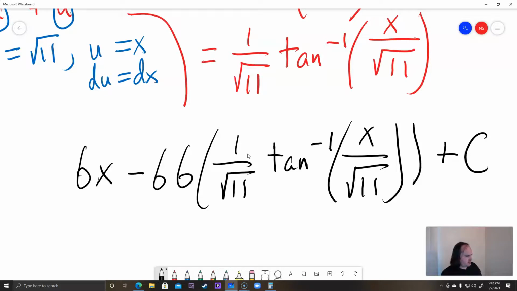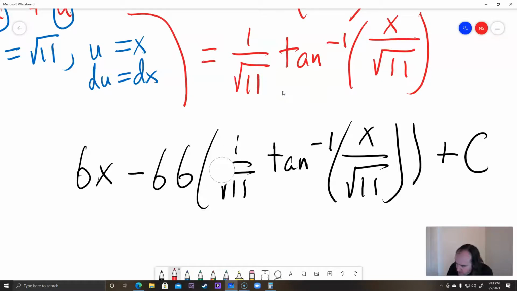Let me just make sure. Yeah, they almost do the same thing here. It looks like they rationalized the square root, so I gotta do that. What they did is they multiplied the top and the bottom of this radical by root 11, so they went ahead and rationalized it.